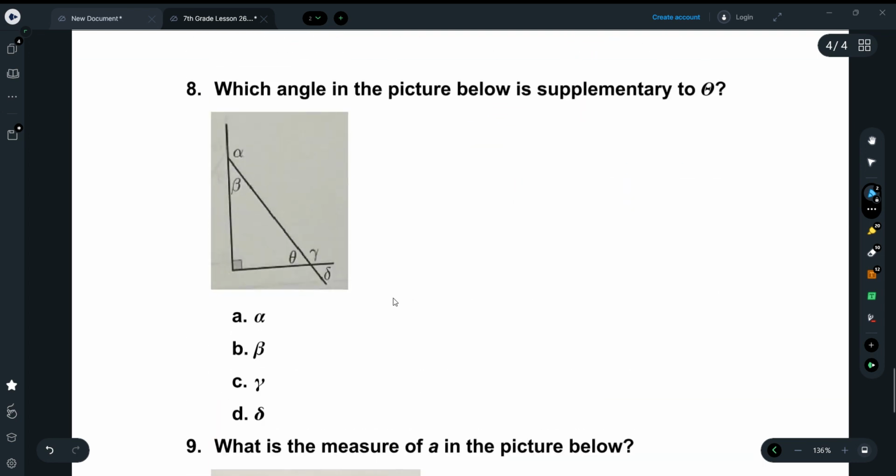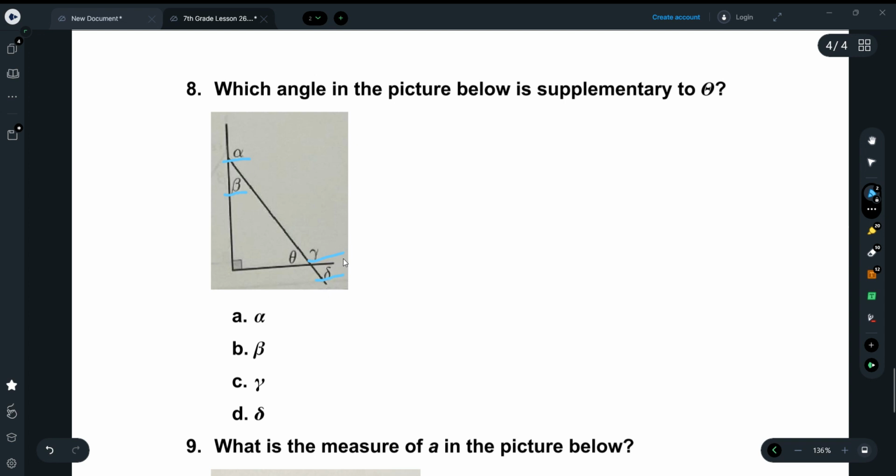Okay, number 8. Which angle in the picture below is supplementary to theta? This theta symbol is the same as this theta symbol right here, and it's asking which angle out of these.